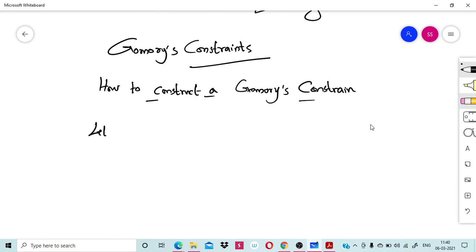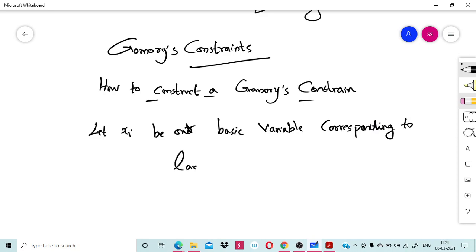that let xi be our basic variable corresponding to the largest fractional solution.